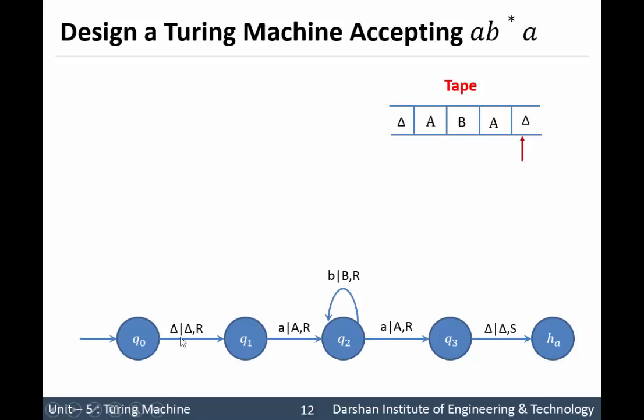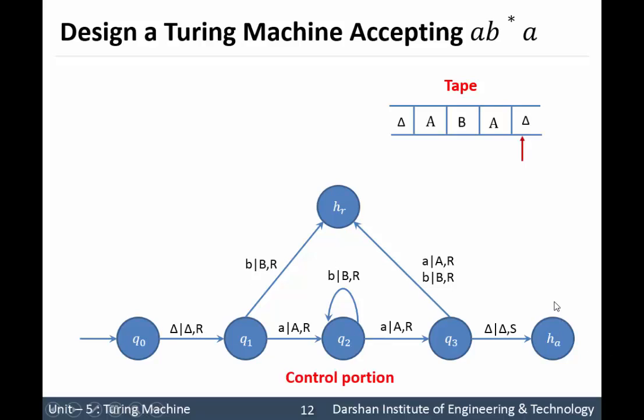So if our first character is b, it should be rejected and the transition goes to the HR state. Same way, after completion of the language a b* a, no character would be allowed on state Q3. So from state Q3, a and b will go to the HR state. Here these two transitions are optional.